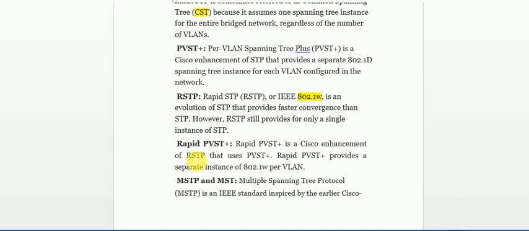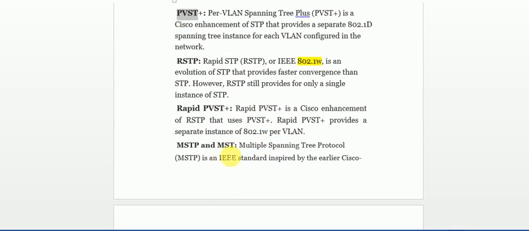The third one is Rapid PVST+. It's Cisco proprietary and an enhancement of RSTP. It uses per-VLAN configuration and is faster than PVST.